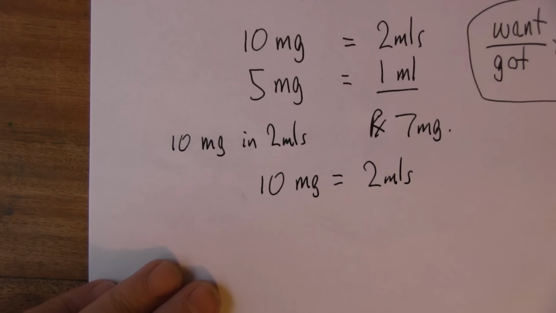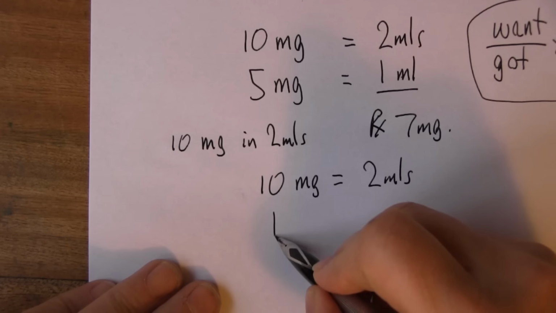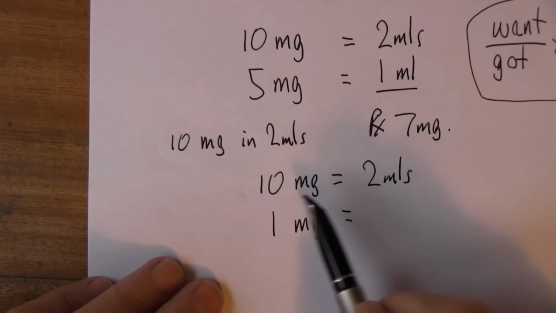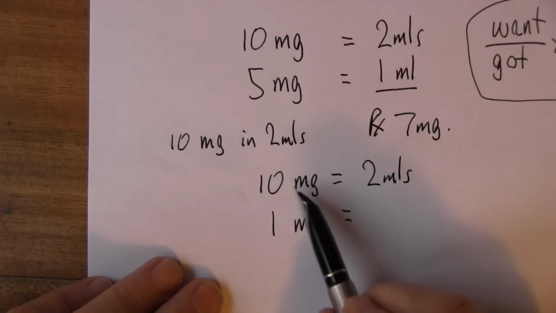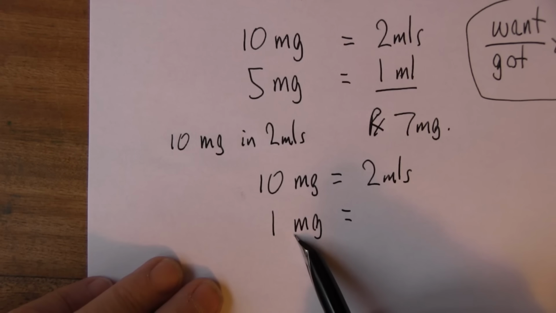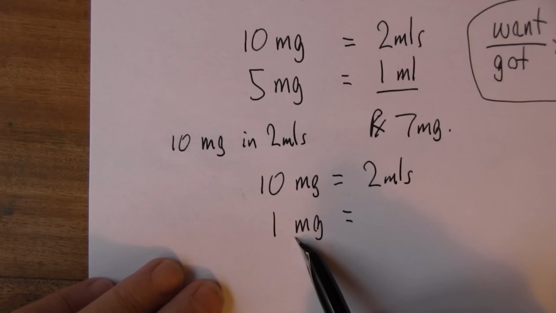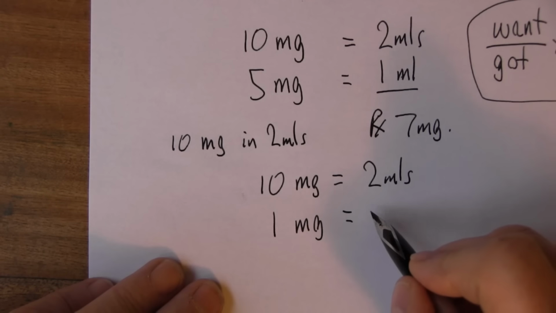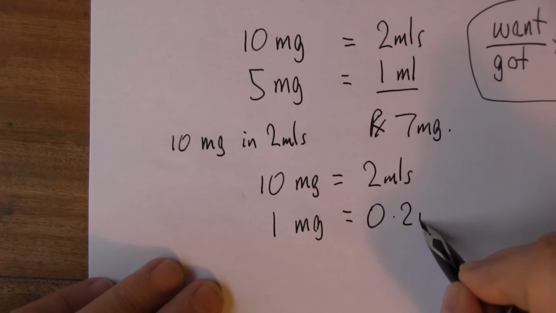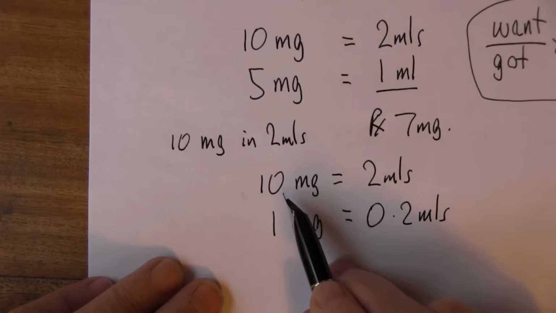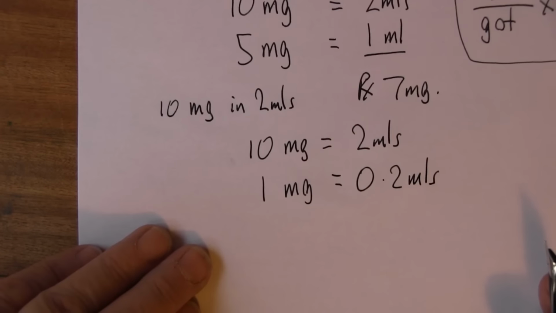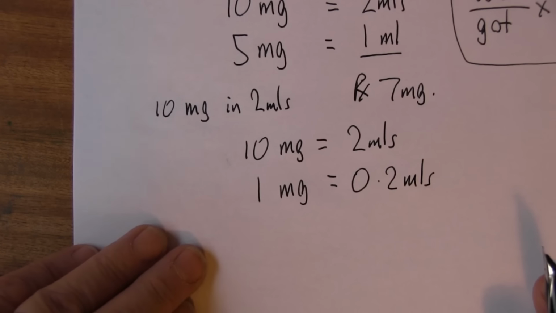Now what I'd quite like to know there is what 1 milligram equals. So I've divided 10 by 10 and that's 1. So what I need to do now is divide the 2 by 10 and that equals 0.2. So if there's 10 milligrams in 2 mils, I know there's 1 milligram in 0.2 mils.